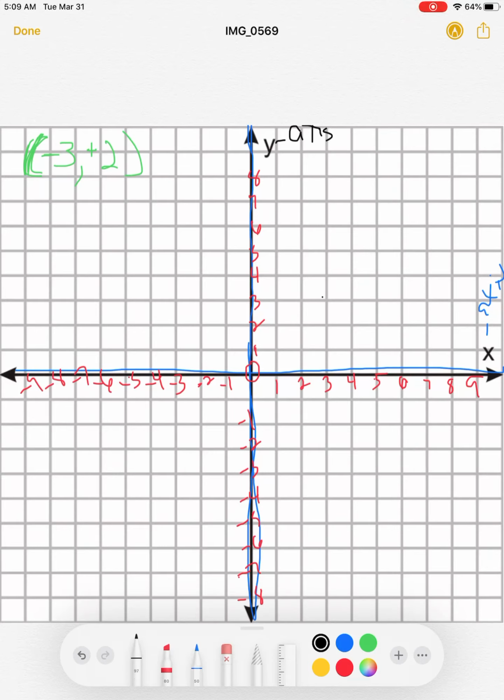Uh-oh, I need a pen. This is where my coordinate pair belongs. That's where the point goes, because here it told us -3 on the X and then 2 on the Y axis. So I have to go ahead and put my point here.